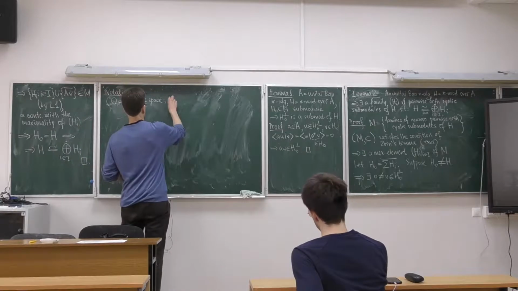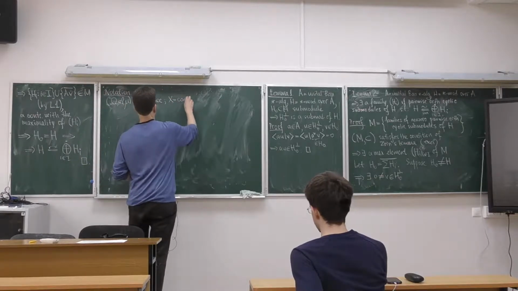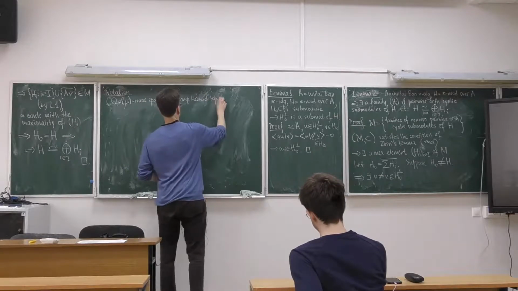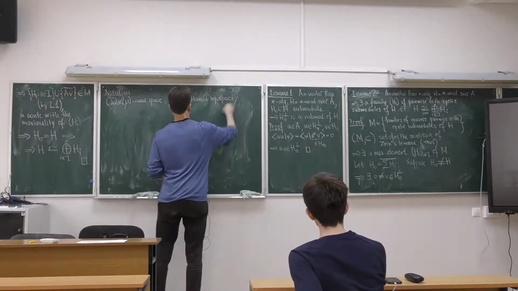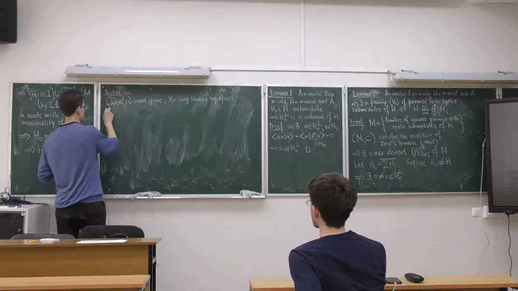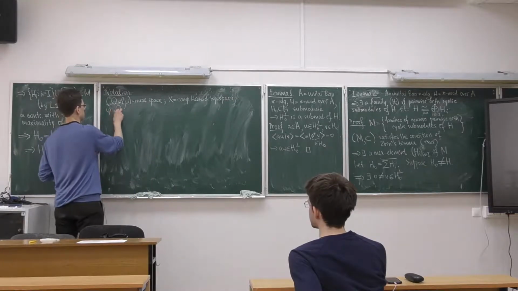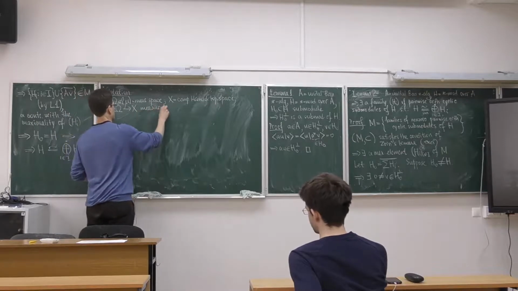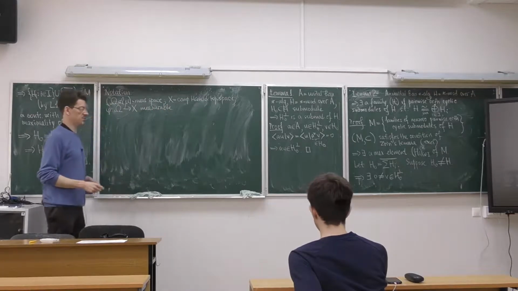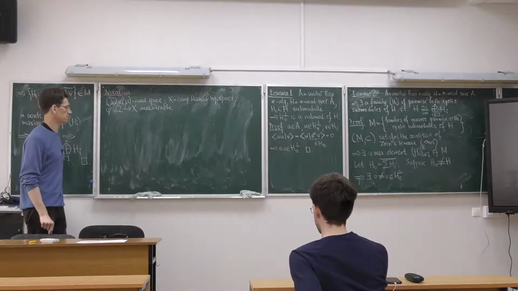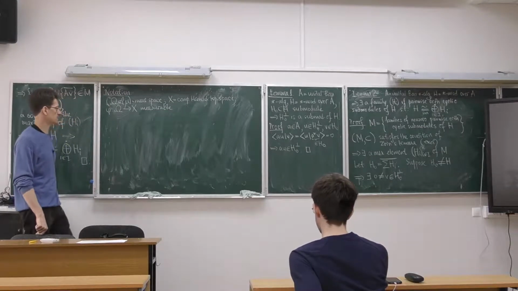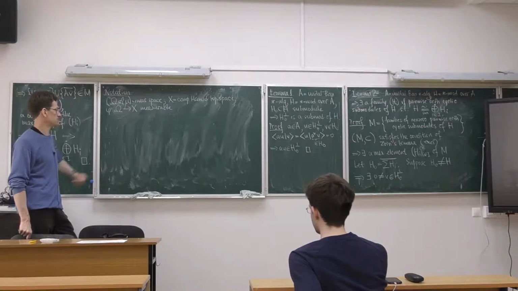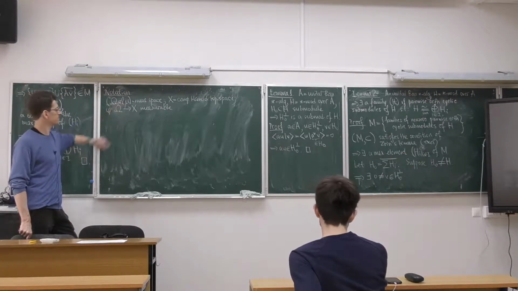And suppose we have a compact Hausdorff topological space X. And suppose that phi is a measurable map from Omega to X. Here by measurable I mean that it is measurable with respect to the Borel sigma algebra of X. That is, the preimage of every Borel set in X belongs to the sigma algebra A.